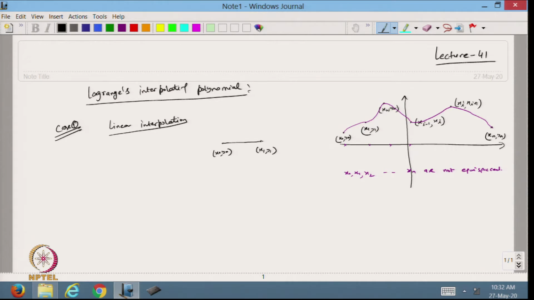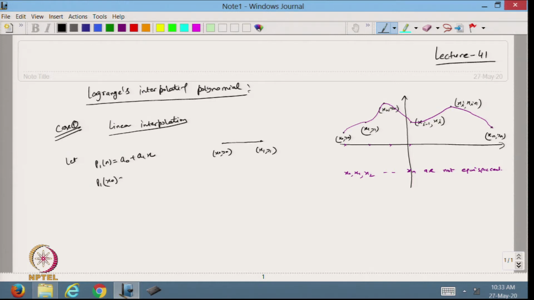I define the interpolating polynomial p1(x) as a0 plus a1x. Now, this is the interpolating polynomial, so it should pass through the points.